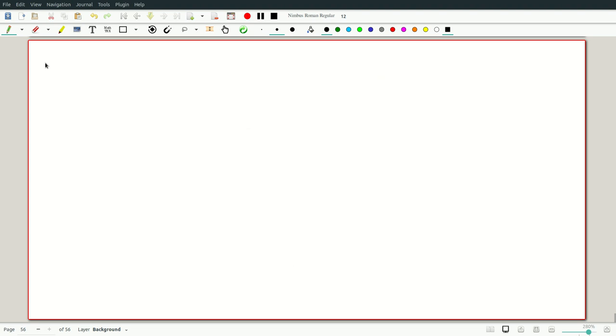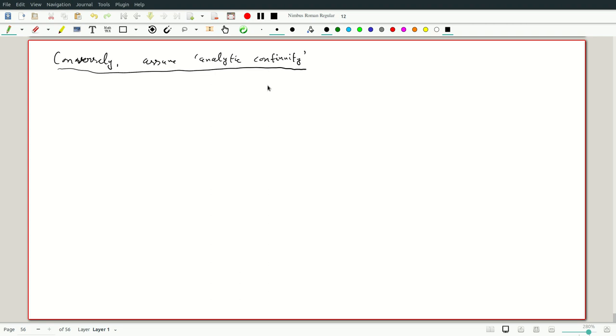So conversely, let's assume the analytical definition. Assume analytic continuity, that is, given every point we have for all epsilon, etc., etc. Okay, assume analytic continuity.